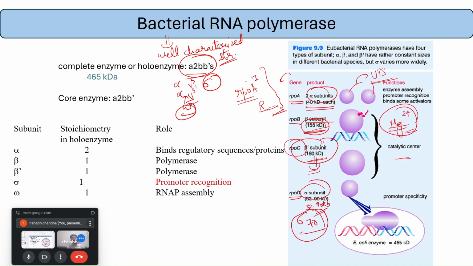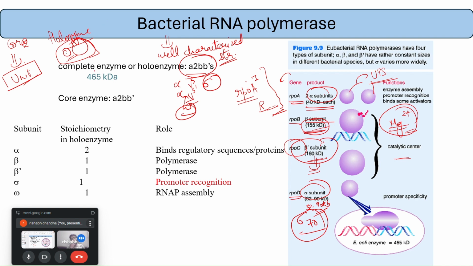We have two forms of the enzyme, the core enzyme and the holoenzyme. The core enzyme basically involves the proteins that function as a unit, and the holoenzyme is the complete subunit set, from which some subunits are removed once their function is over.